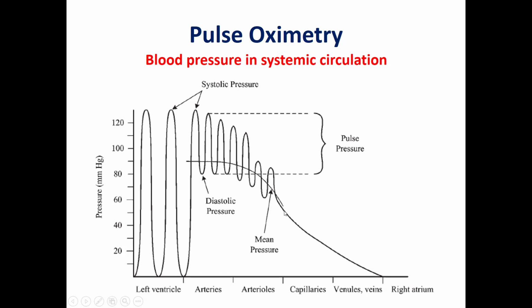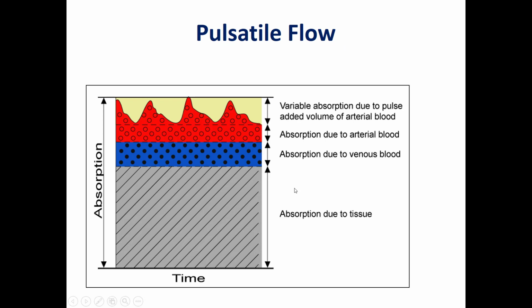It's like a DC signal. By comparison, in the arterial side we have an AC and DC signal. What we are interested in the pulse oximeter is the measurement of this pulse pressure, especially in the arteries.